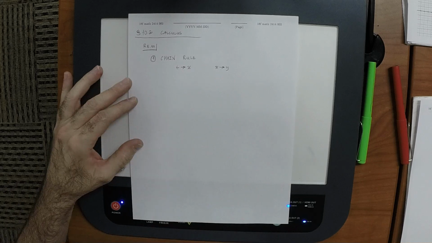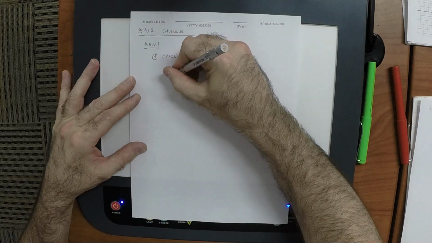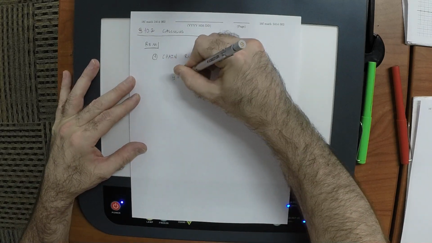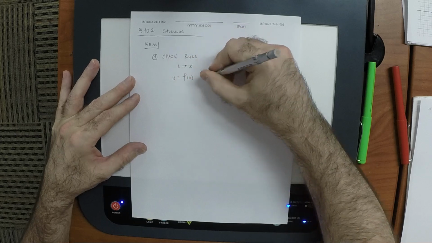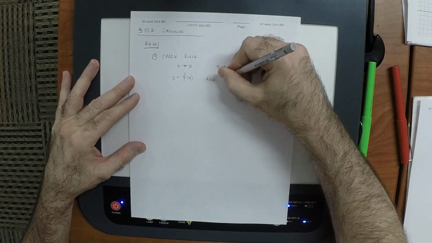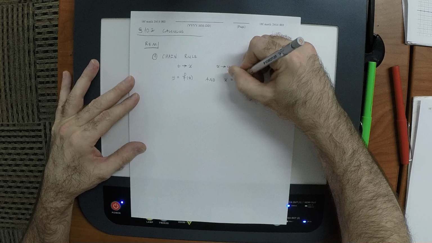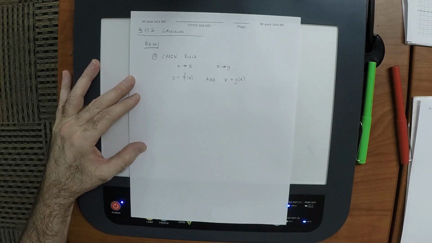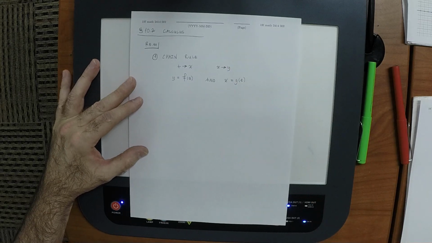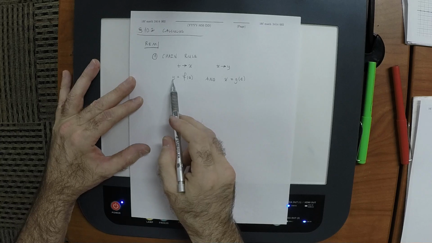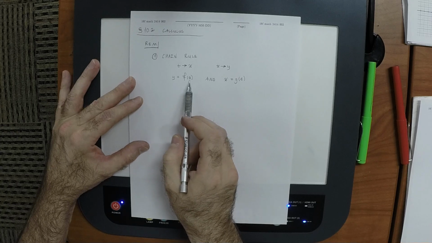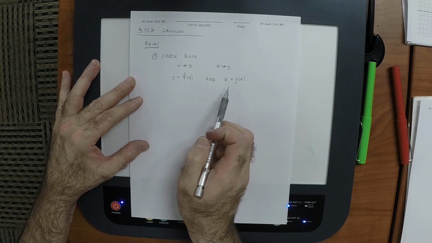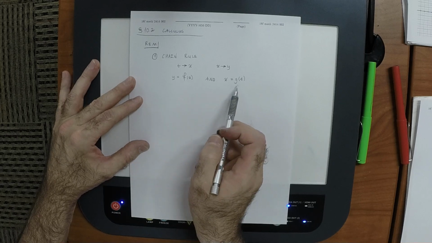Okay? Which is to say that if you have y is a function of x, and you also have that x is a function of t, then you can differentiate f with respect to x, but you could also differentiate f with respect to t.